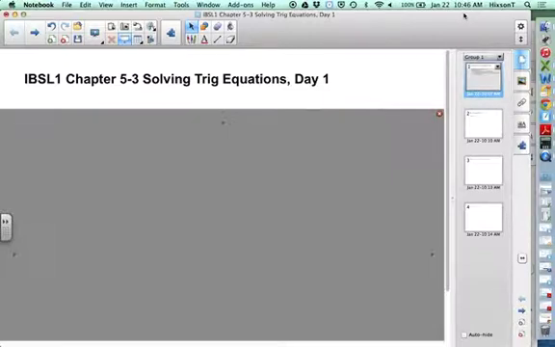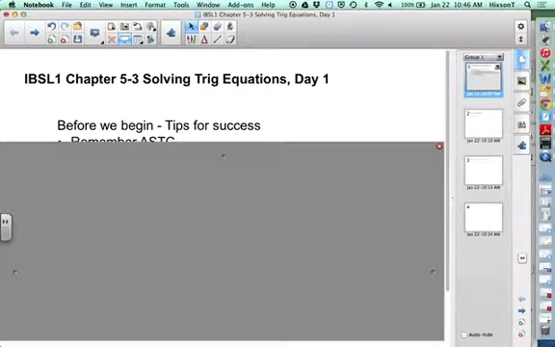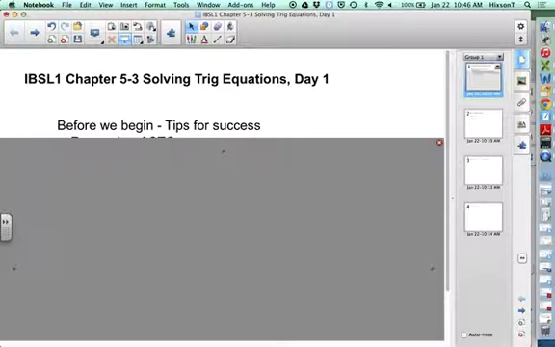We're going to spend a few days on this, and that is solving trig equations. As we do different problem solving, this is probably the most applicable, the most practical application that we have. And there are a couple of things that I want to make sure we keep in mind before we go through actually solving these problems.